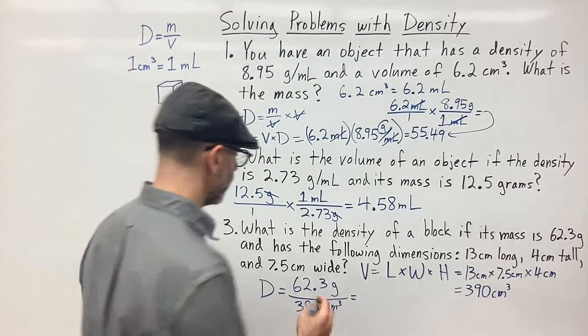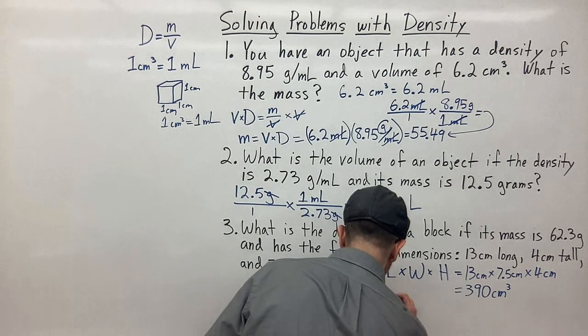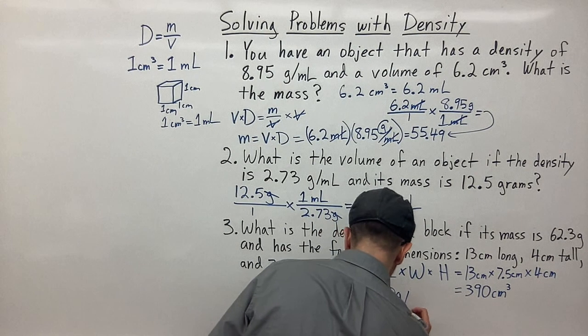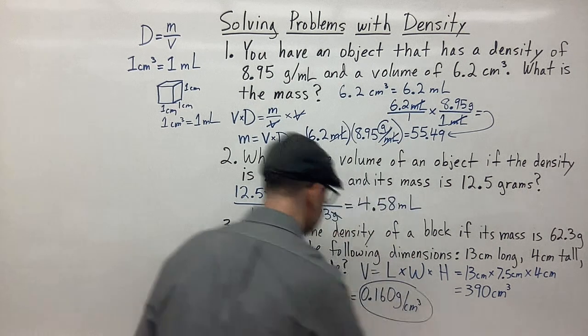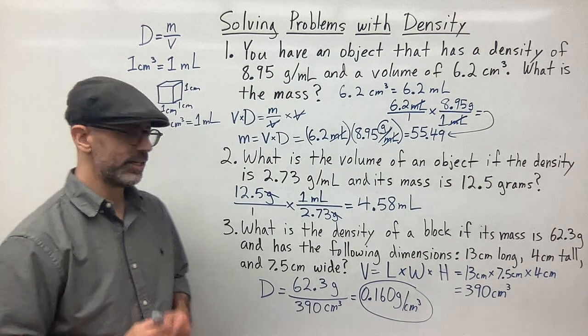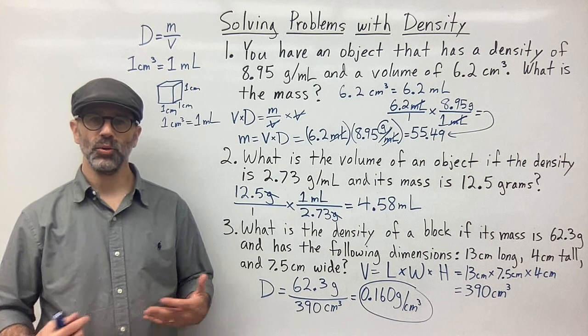We get 0.160 grams per centimeter cubed. So that is our answer. And so that, ladies and gentlemen, is how you solve problems with density.